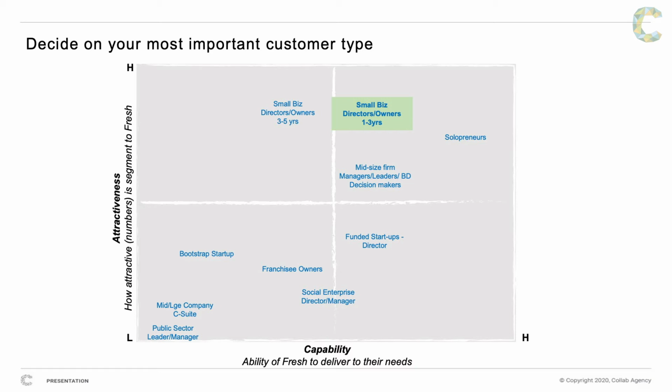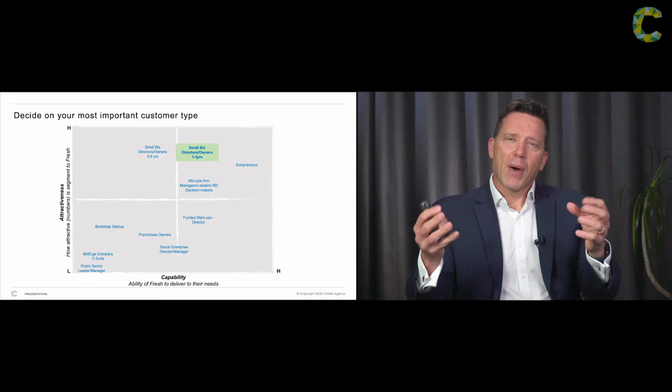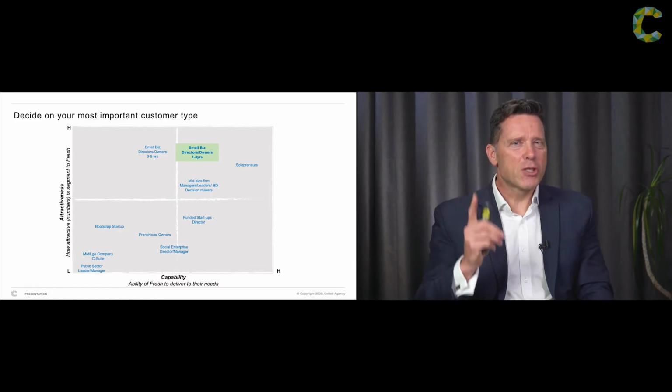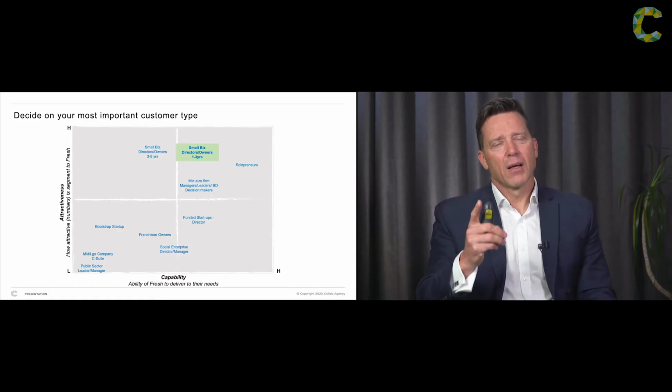On the y-axis, and think about this in your brand, but this is done for Fresh, we've got: how attractive is a particular audience? So dotted on the slide, you'll see different audiences. Some solopreneurs, small business owners. They might be all sorts of different classes of people that Fresh could possibly appeal to. There's lots of them. But what we're trying to get here is the most important customer to Fresh.